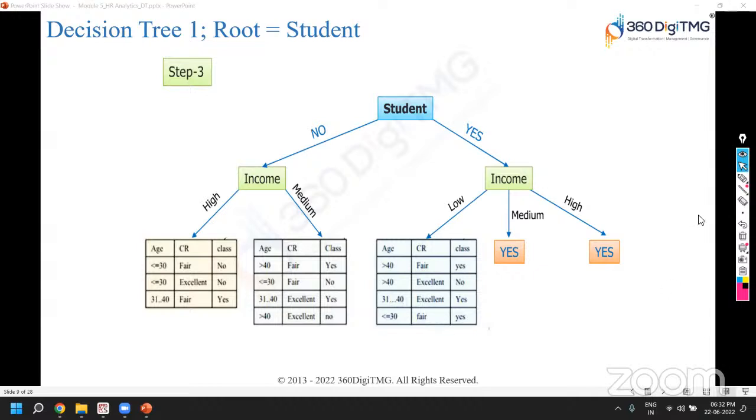Now here I will not be able to take a decision because there is variation in the class variable. In all three branches you can see there is variation. In some cases they say yes, in some cases they say no. So uncertainty is there, and we cannot take a decision. So we further split it.